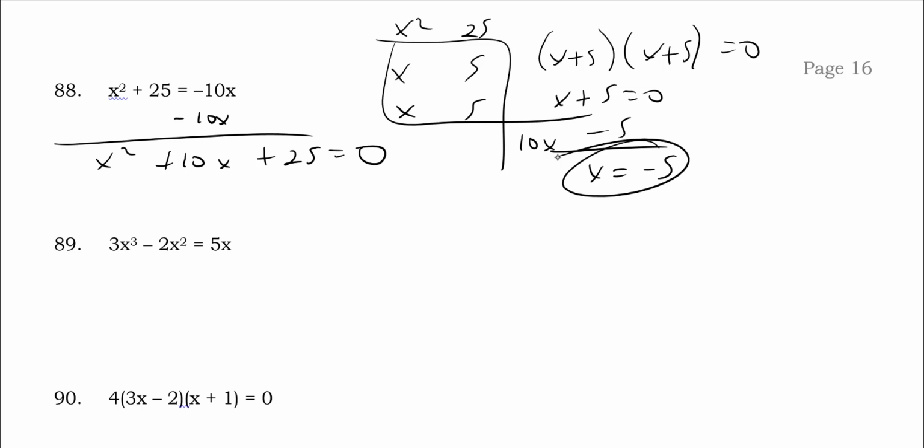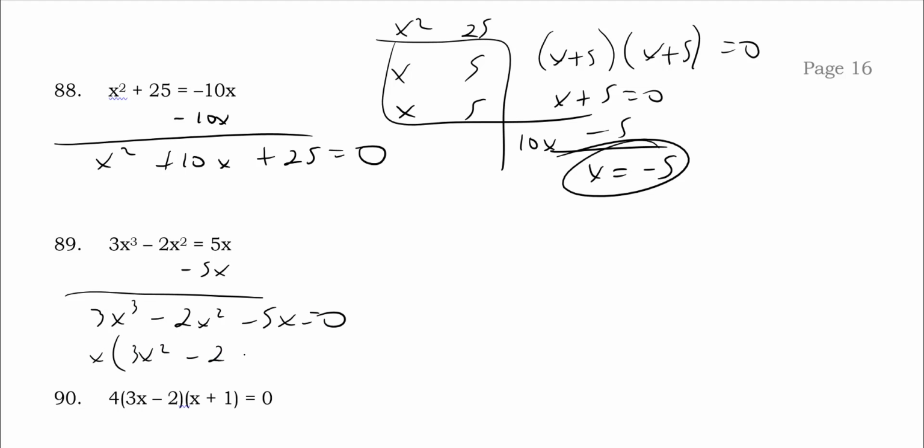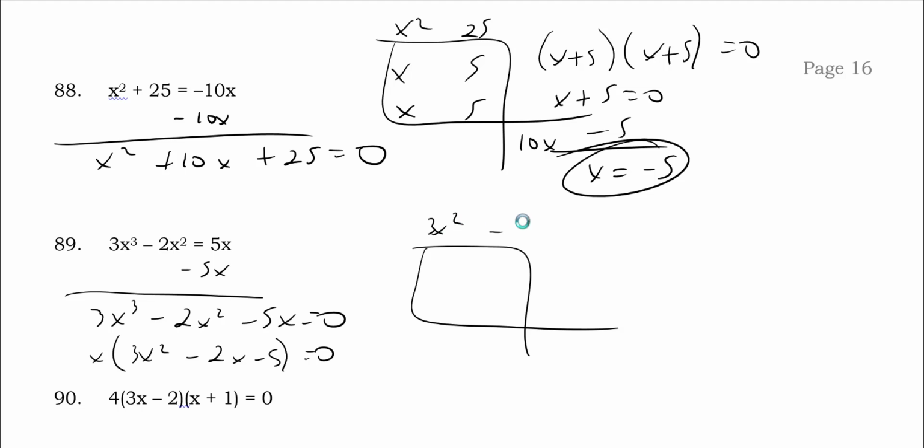It's the same thing. Okay, move the 5x over. So 3x cubed minus 2x squared minus 5x equals 0. Factor out an x, so x, 3x squared minus 2x minus 5 equals 0. So if I factor the other part, the 3x squared, negative 5, negative 2x. So 3x and x, and 1 and negative 5, right?